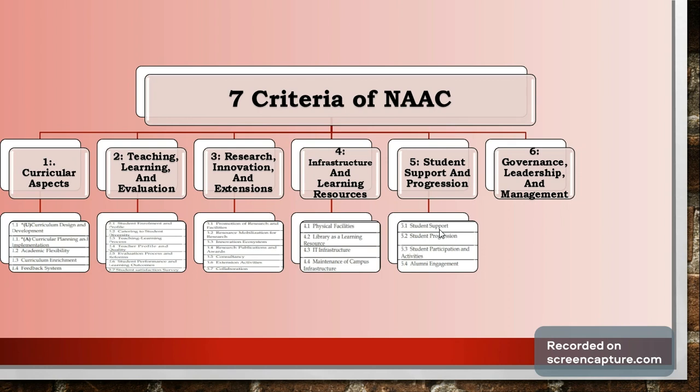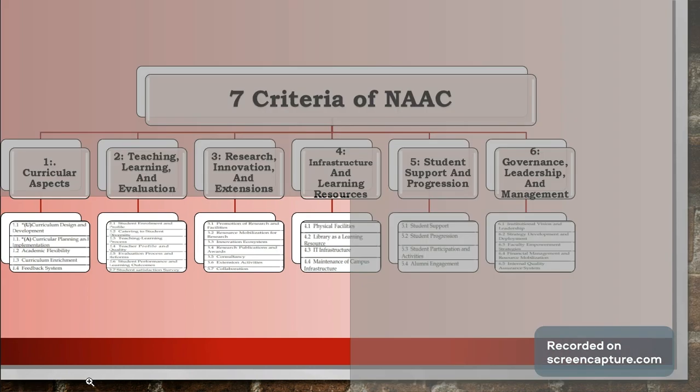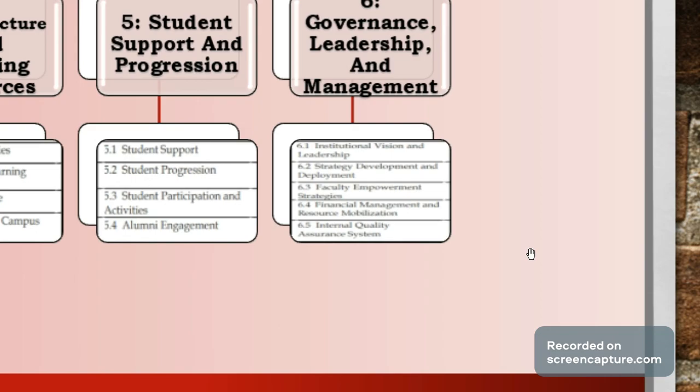So the maximum weightage while assessment and accreditation under this criteria given by NAAC is 100 for all types of institutions, whether these are universities or affiliated institutions or autonomous institutions. The key indicators are related to governance, leadership and management.